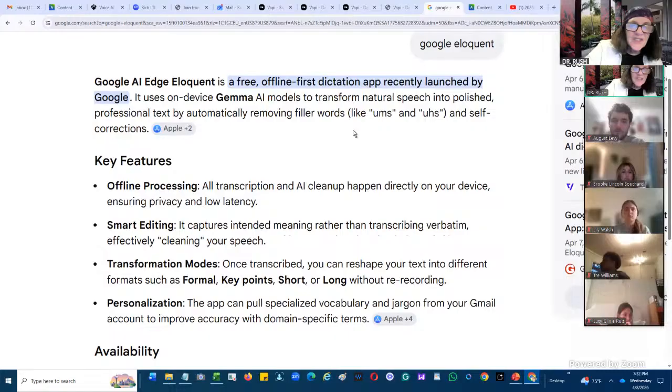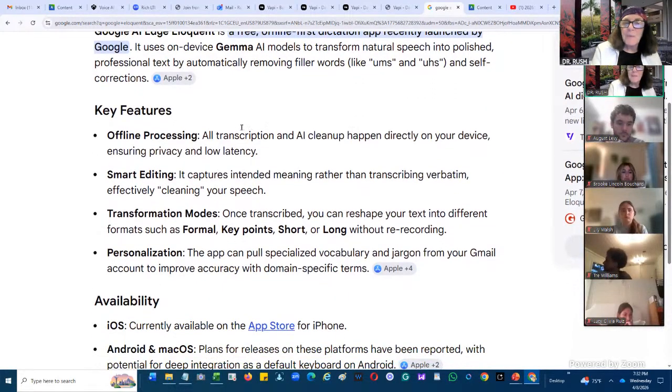What are the key features? Offline processing. All transcription and AI cleanup happen directly on your device, ensuring what, August? Privacy and low latency. Sometimes when you're on ChatGPT, whatever you're telling ChatGPT, they are getting it on their servers.